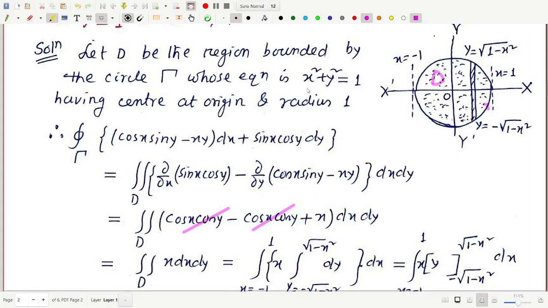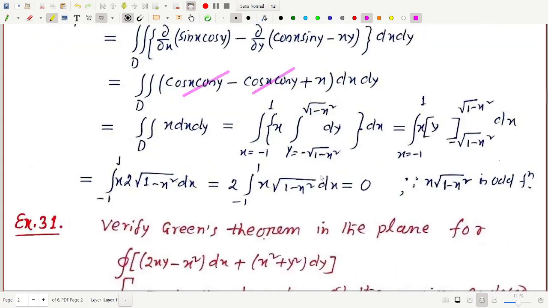From the circle equation we get y square equal to 1 minus x square, y is plus minus root over 1 minus x square, so limits for y are minus root over 1 minus x square to plus root over 1 minus x square, vertical strip, and then this strip is to be moved from x equal to minus 1 to x equal to 1 to cover the whole region. So that's why the limits of integration are here, x from minus 1 to 1, y from minus root over 1 minus x square to plus root over 1 minus x square.